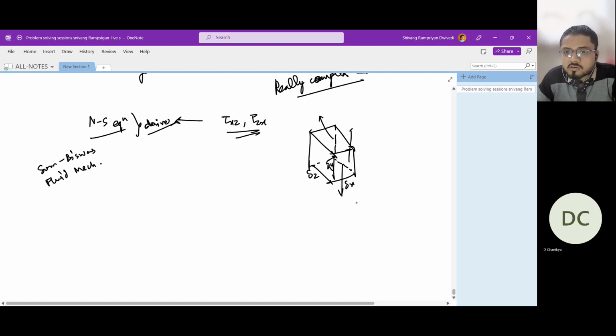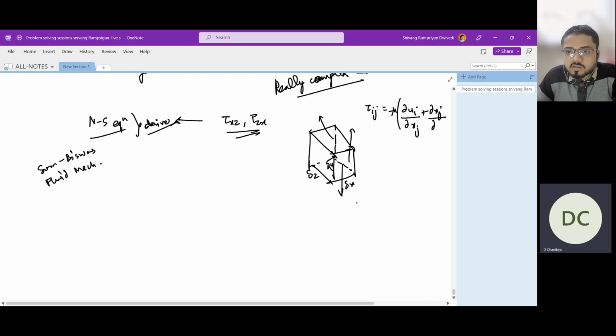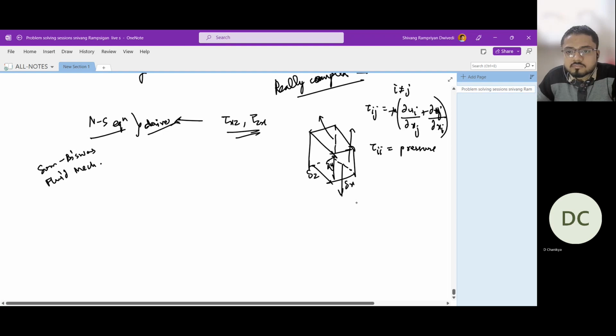You use the formulation tau ij equals mu times (del ui by del xj plus del uj by del xi) for i not equal to j, and for i equal to j it would be the pressure terms plus some other terms.